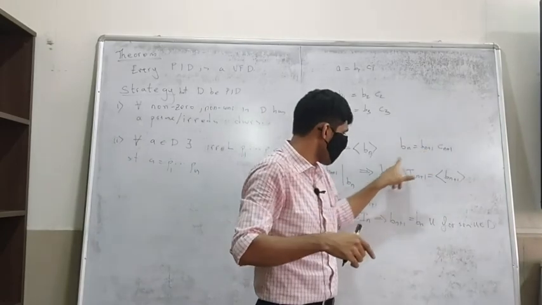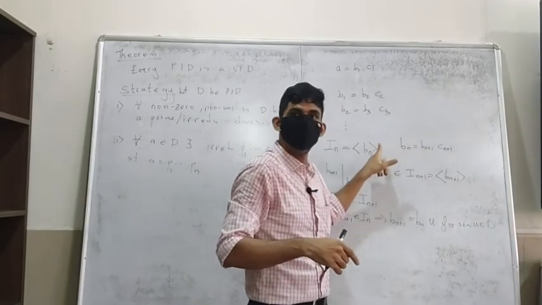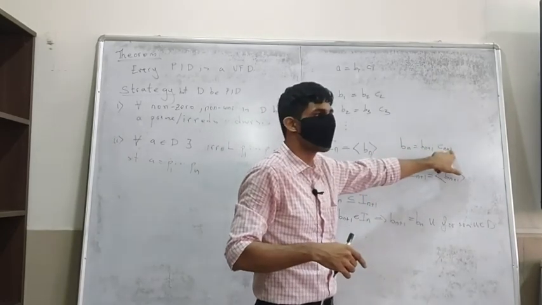Cancel out the Bn on both sides, you will get U times Cn plus 1 is 1.